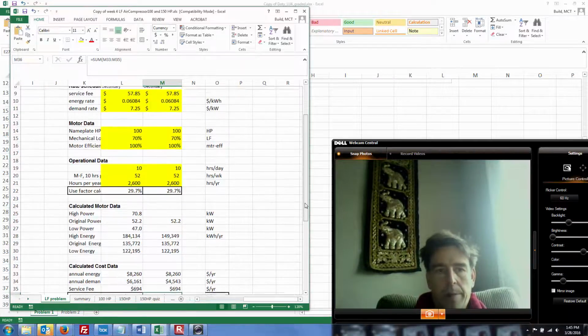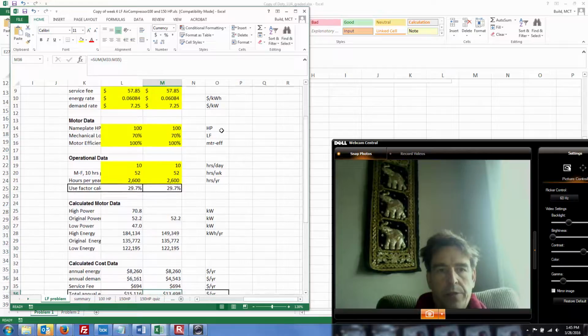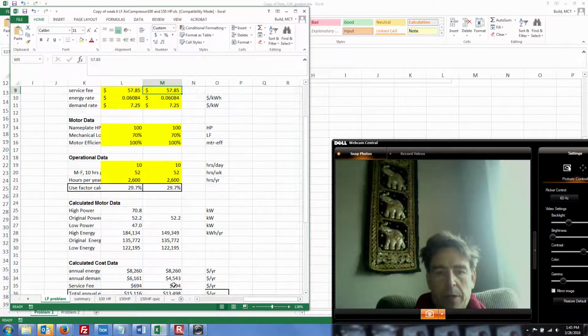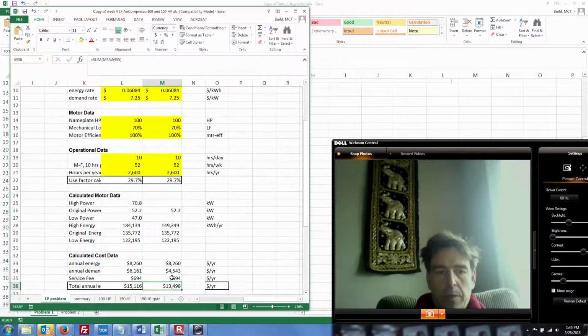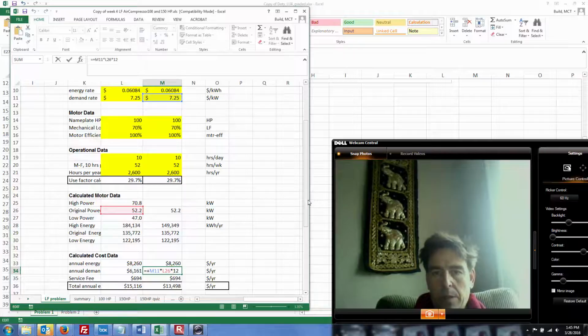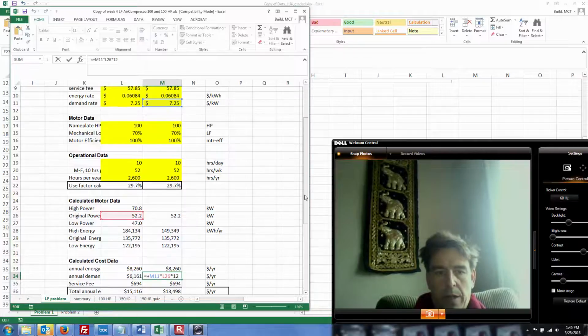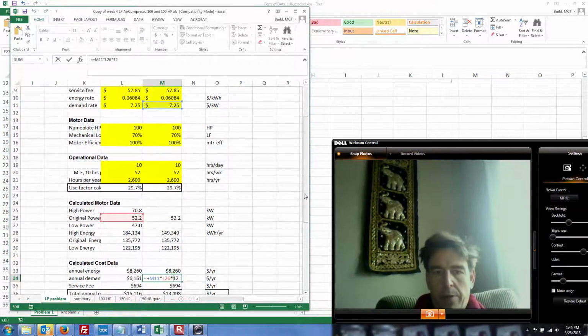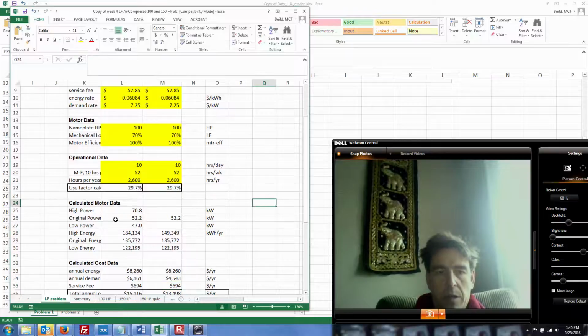So the monthly service fee is $57.85. That's where that's coming from. The annual demand, so we're looking at 52.5 times 12 times the demand rate. Okay, so where's this original power of 52.2 coming from?